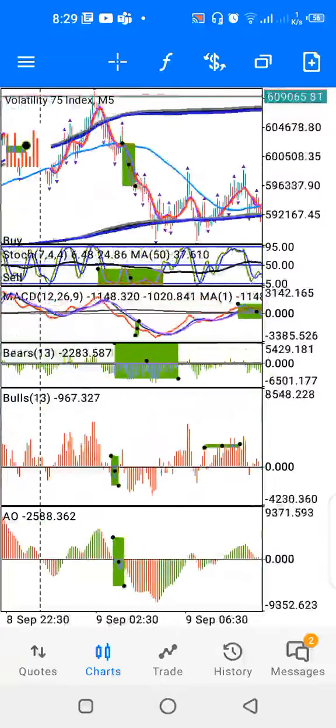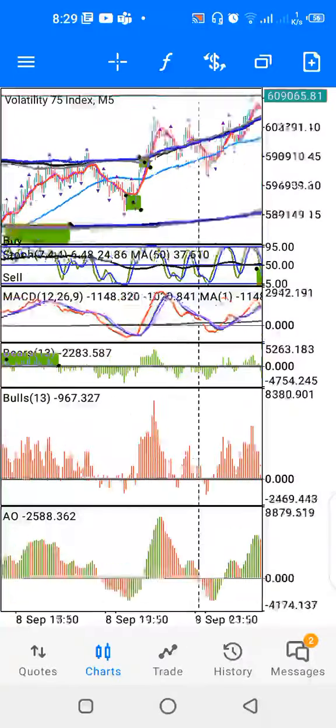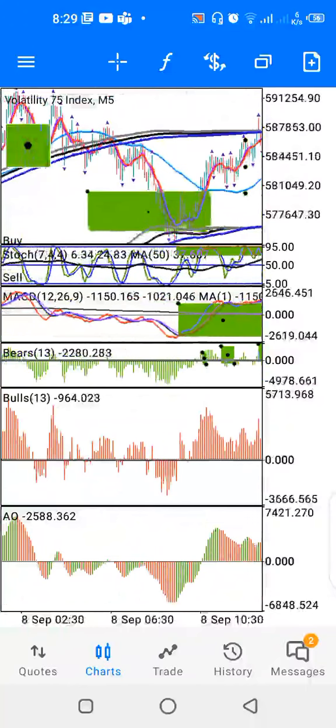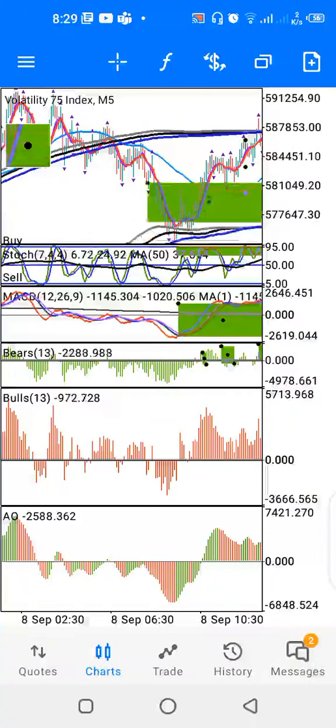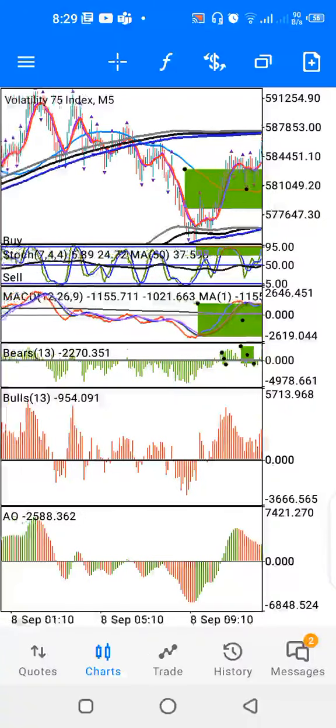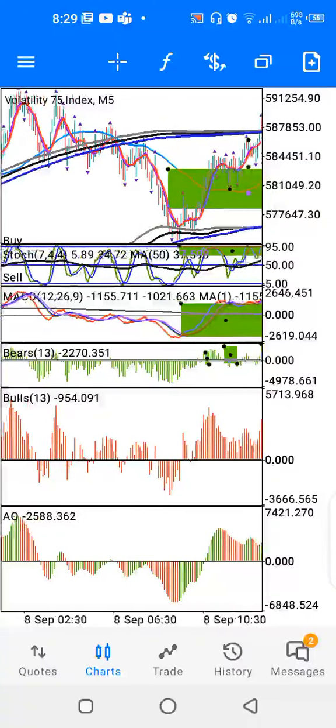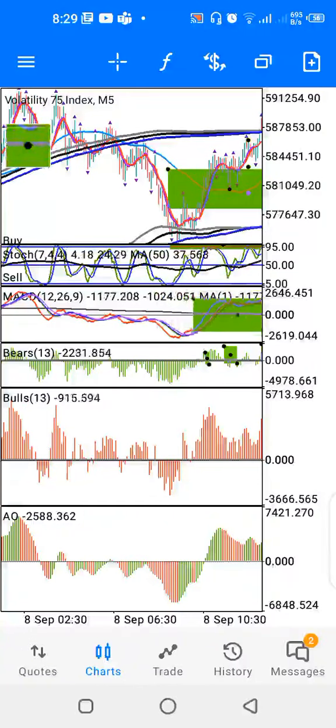Okay, let's look at another example. This is a swing low. Okay, confirmation around here. Okay, test of the 95 level around here. Crossover of all other lines above the black and the 0 level around here.